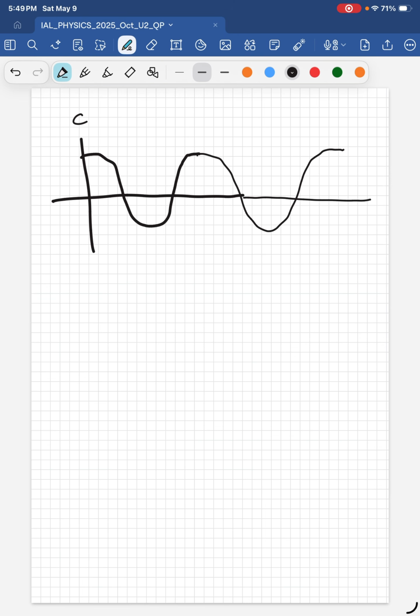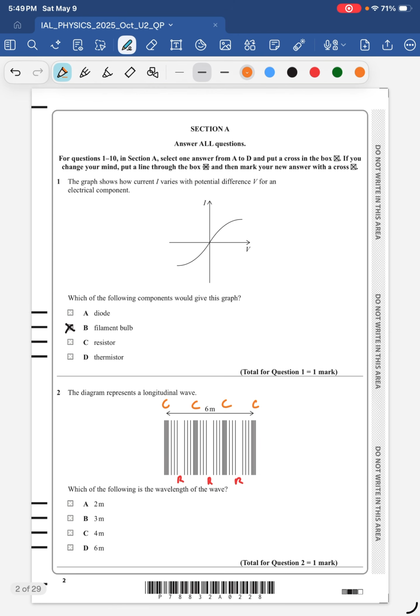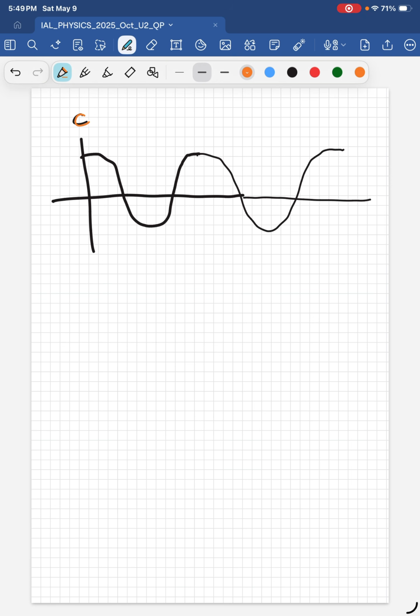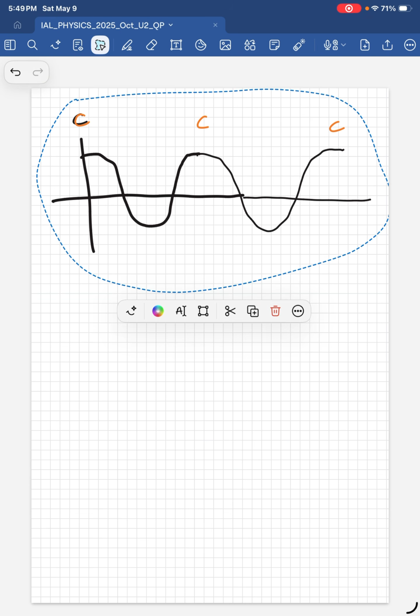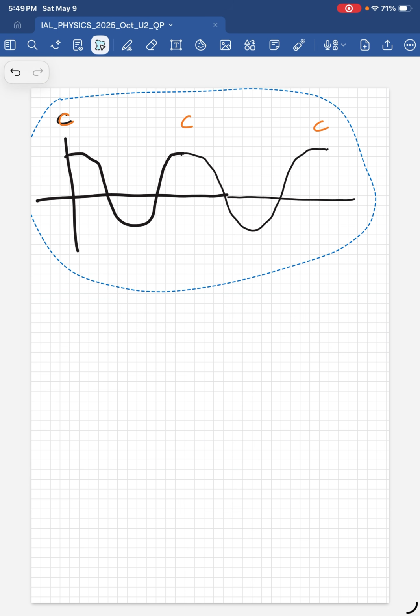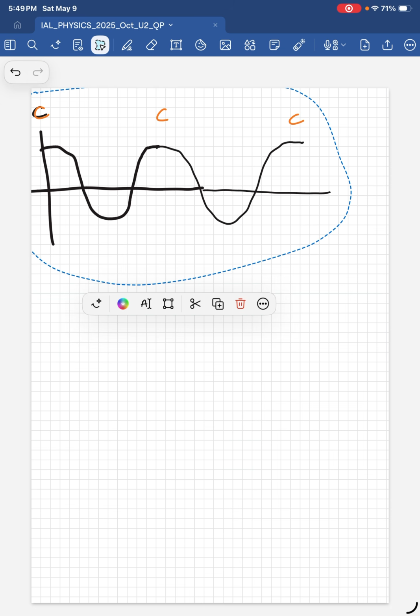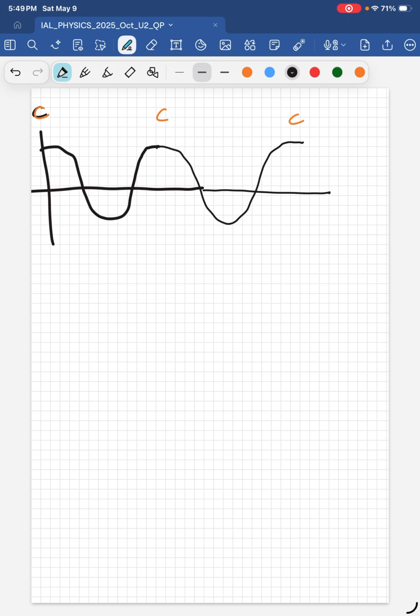So that's a compression, that's a compression, and that's a compression, and you need 1 more. So 1 lambda, 2 lambdas, and we need to move this again so I have space. Sorry about that.